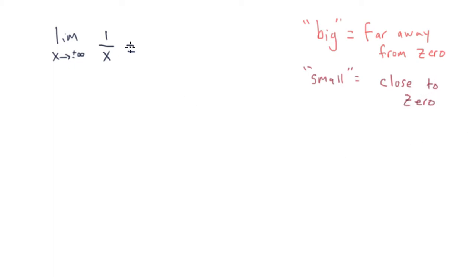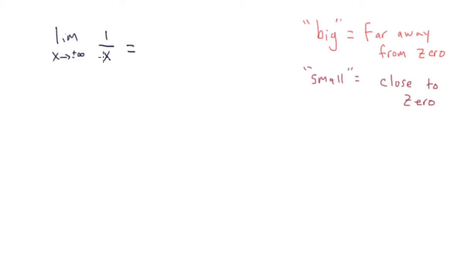So going back to this example, what I'm saying here is that whether x is going to plus or minus infinity, x is getting very big. It's getting far away from 0. So I'm taking that number, I can think about it as just a very, very big number, and I'm reciprocating it. I have 1 over a very big number.